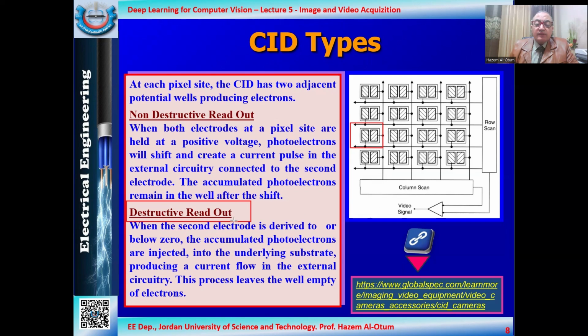Now, in destructive readout, we can read the whole image, as in CCDs, read out all these values in the pixel sites, and set them again to 0, and prepare for the next exposure.